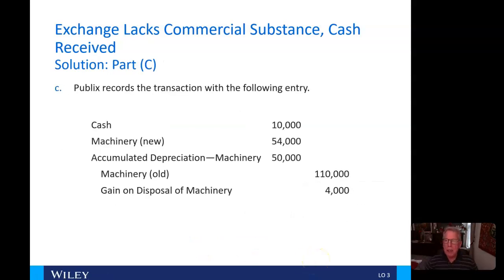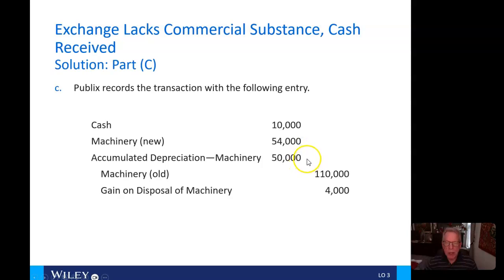So here, as we continue, Publix records the transaction with the following entry. We're going to have the cash at $10,000. We have the gain on the disposal of the property here as a credit. The new machine we record at $54,000.